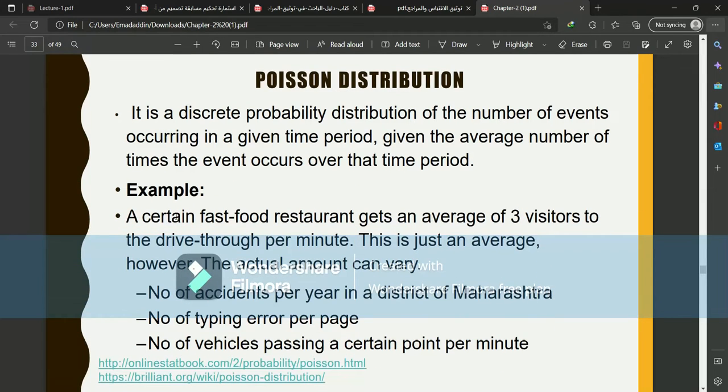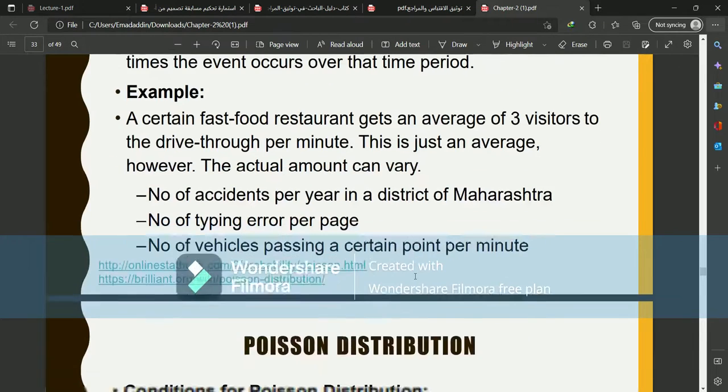For example, a certain fast food restaurant gets an average of 3 visitors to the drive-through per minute. This is just an average. However, the actual amount can vary.